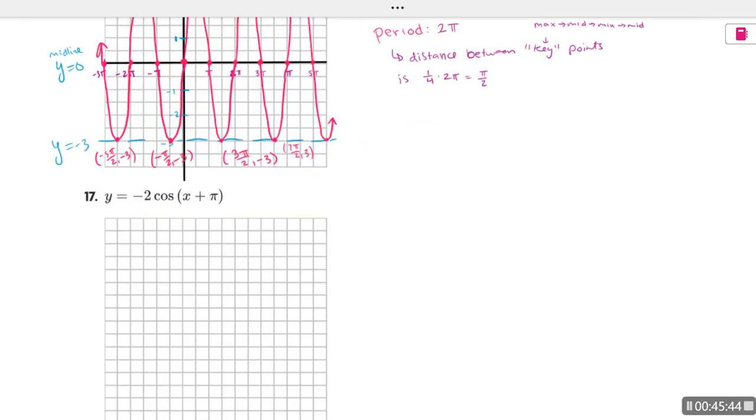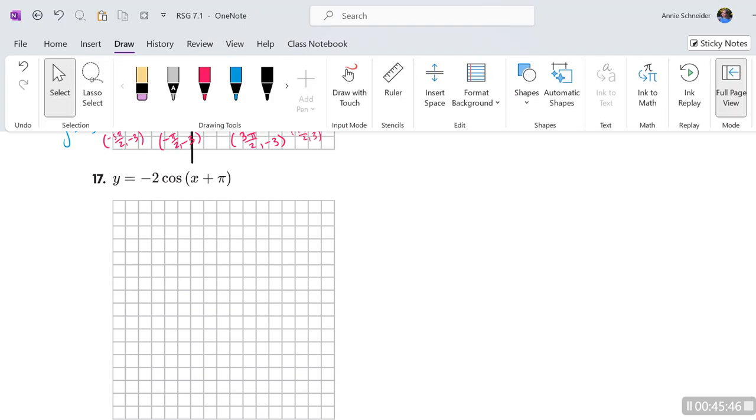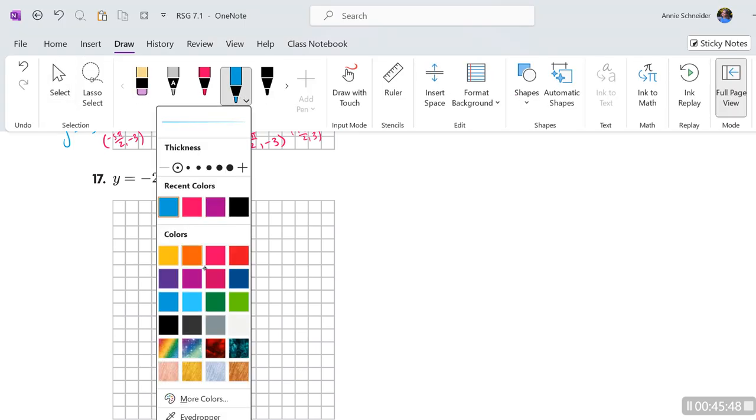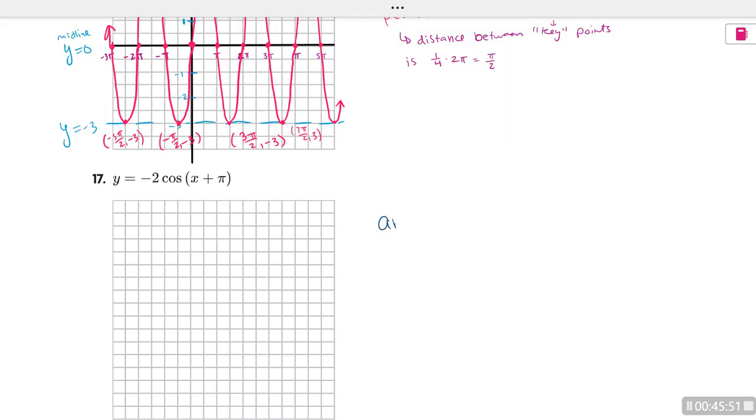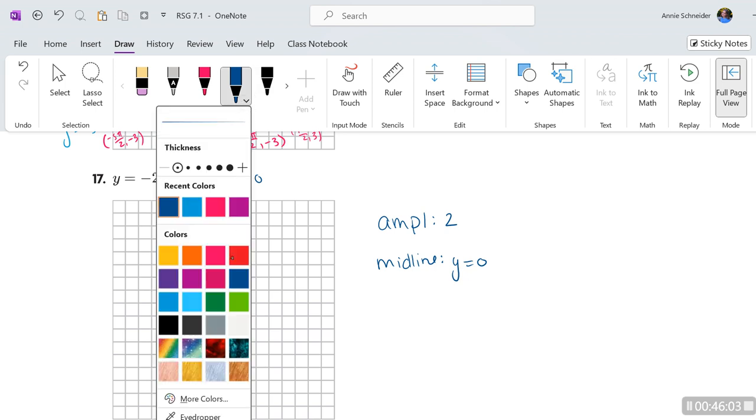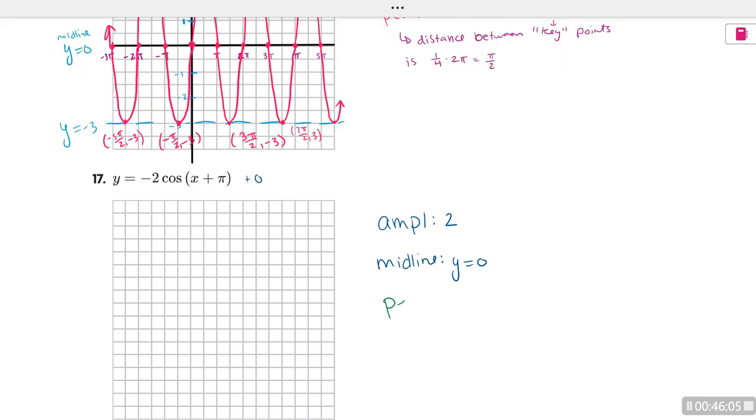Okay, question 17. So let's start with our amplitude and midline. So amplitude is 2. Midline, again, is y equals 0 because there's nothing added at the end. And our period is still 2 pi since there's nothing connected to that x.